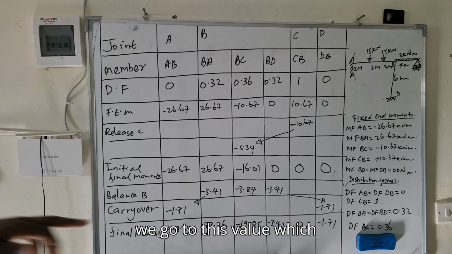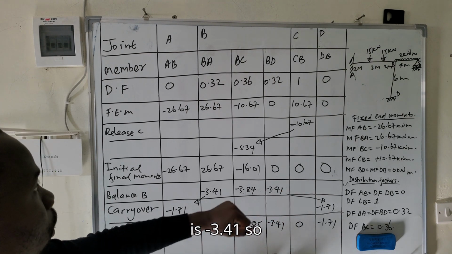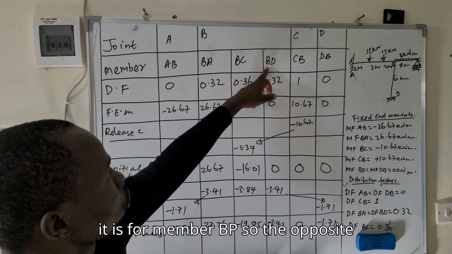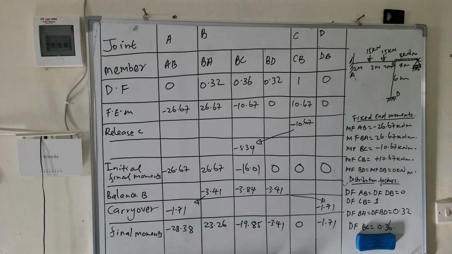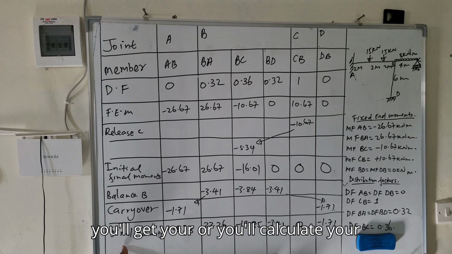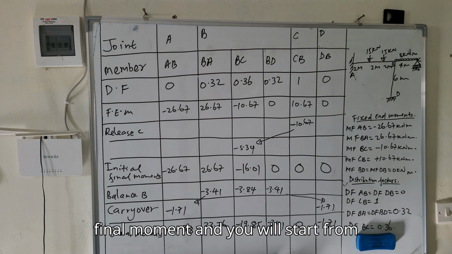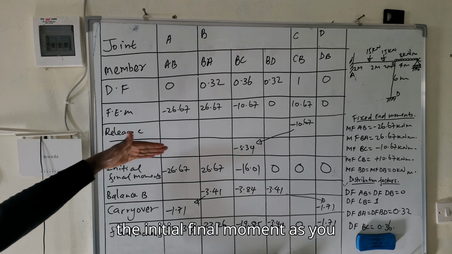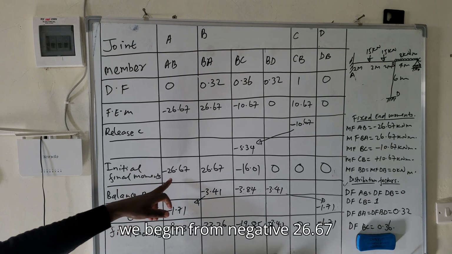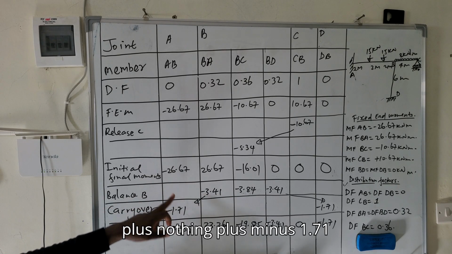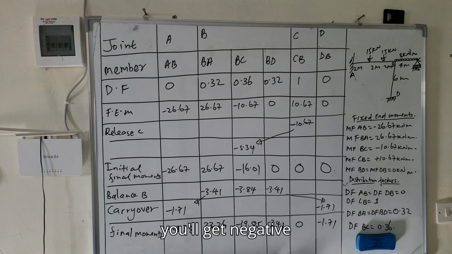We go to this value, which is negative 3.41. It is for member BD, so the opposite member will be DB. Half of this to this, so it will be negative 1.71. And after that, there is no other joint to balance. So you will calculate your final moment, starting from the initial final moment as you proceed downward. We begin from negative 26.67 plus nothing plus minus 1.71, you'll get negative 28.38.